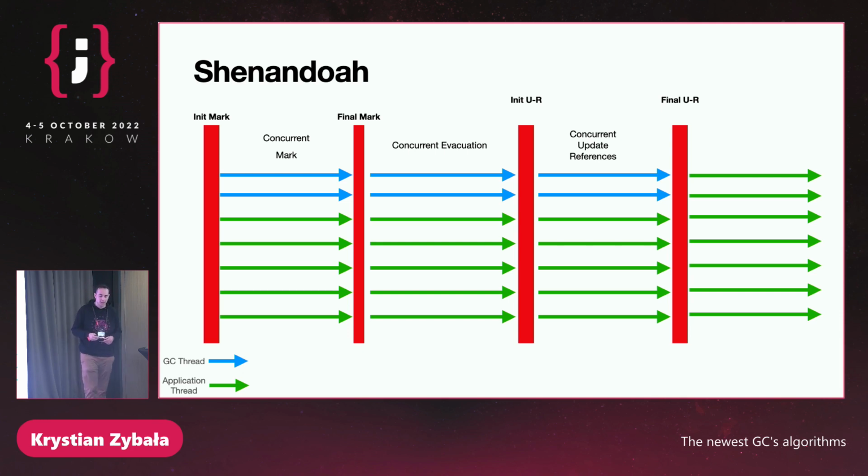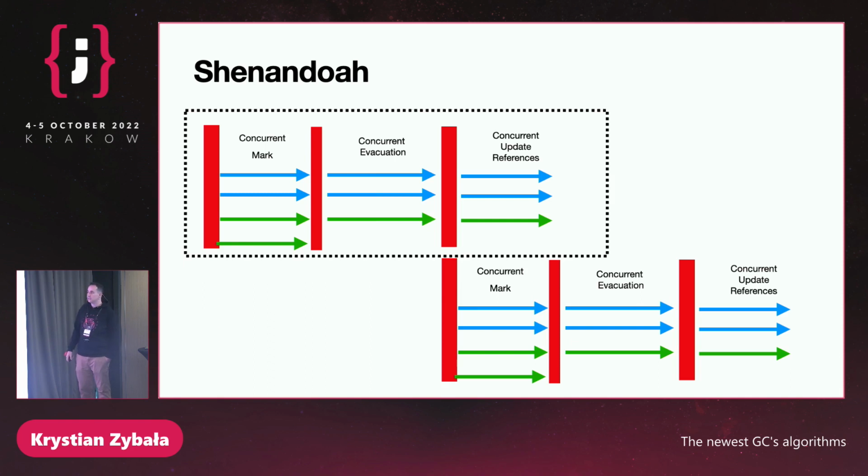It means that we have some phases where Shenandoah wants to be sure that all references are processed very well, and there are no problems with, for example, mutating objects and so on. But what is more important, some of the GC phases might be moved into the next GC cycle.